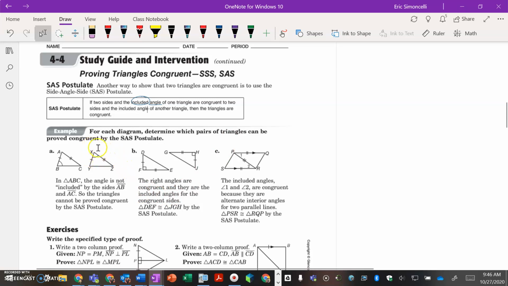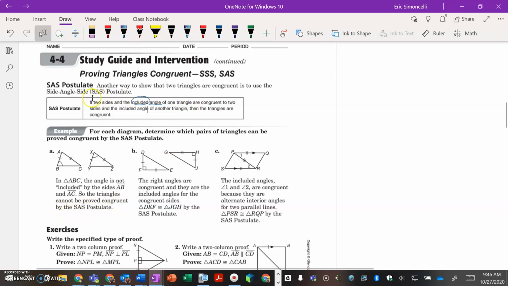In this picture, angle X is included between this side XY and this side XZ. However, on this picture, angle B is not included. So that's a problem. In triangle ABC, the angle is not included by the sides AB and AC. So the triangles cannot be proved congruent by side angle side.